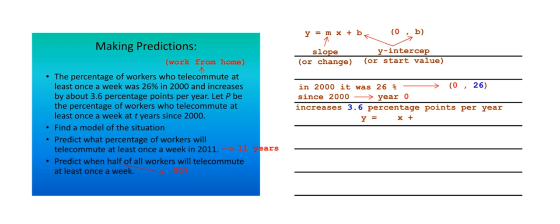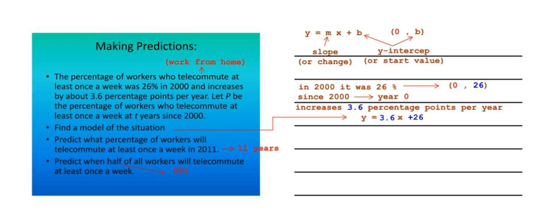But let's fill in the blanks. So in this case, we know that the value next to the x is the slope, the change. So it changes by 3.6 percentage points per year, agreed? So we know that that's our slope. And we know that the y-intercept, or the b value, is 26. So there is our formula technically.